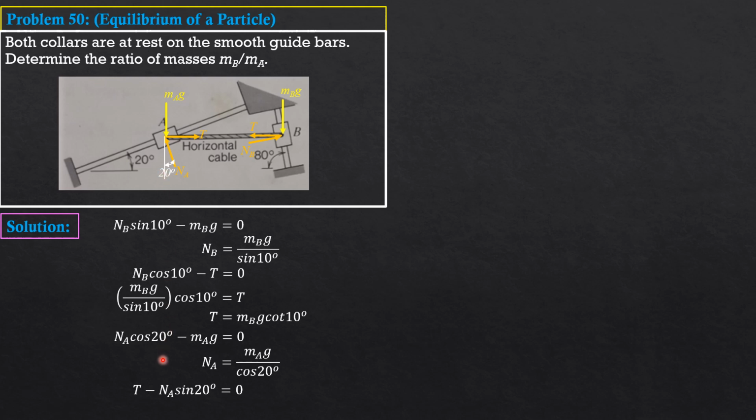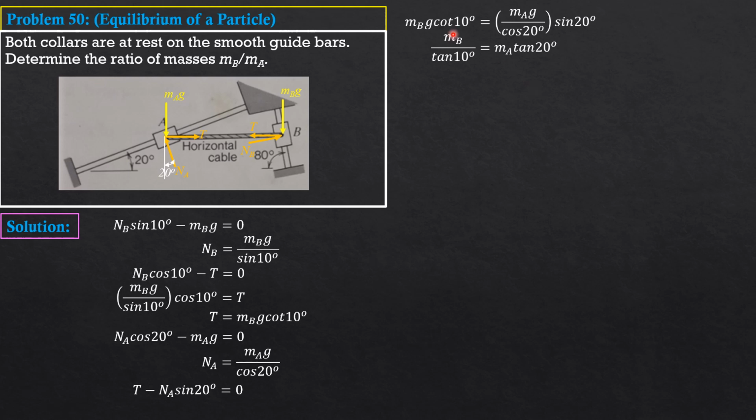Then replacing T and NA. So mBg cotangent 10 degrees equals NA, and NA is mAg over cosine 20, quantity times sine of 20 degrees. So cancel out g. This is mB over tangent of 10, and the right side is mA tangent of 20 degrees.